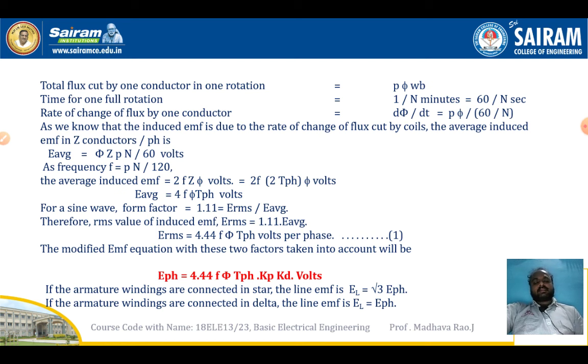So these relations already we have seen in three-phase circuits, star connection and delta connection, right? According to armature winding, the line voltage will change. If armature winding is star connection, EL is equal to root 3 EPH. If armature is having a delta type connection, EL is equal to EPH.